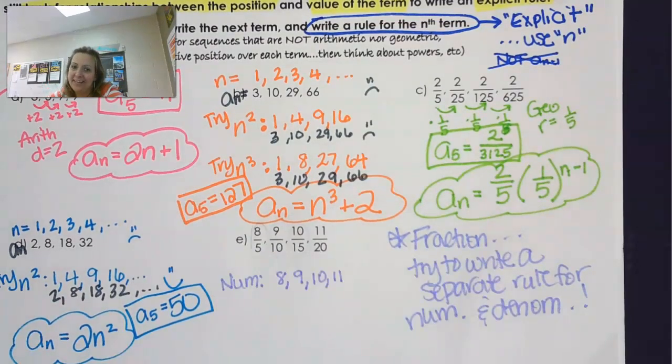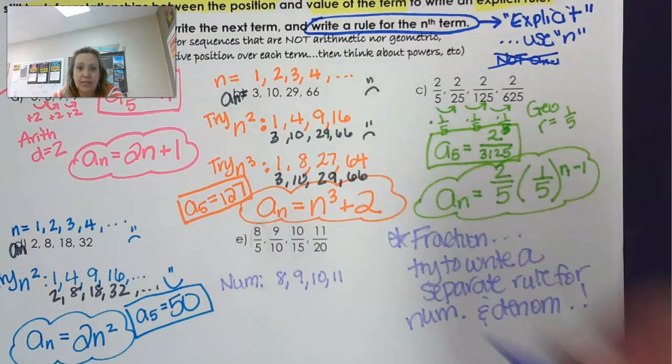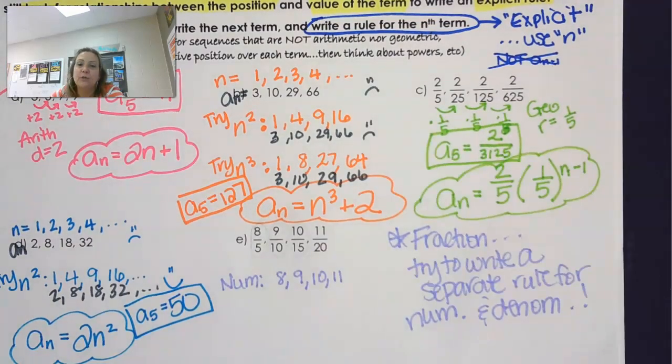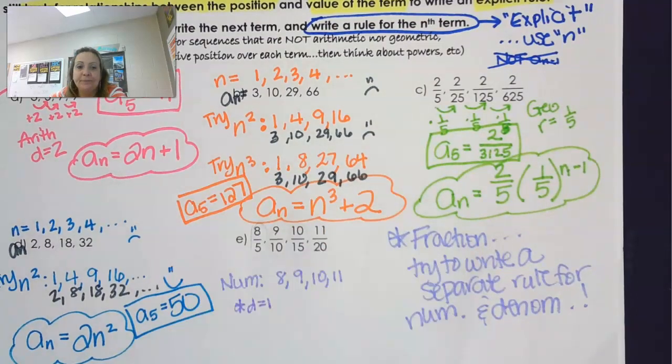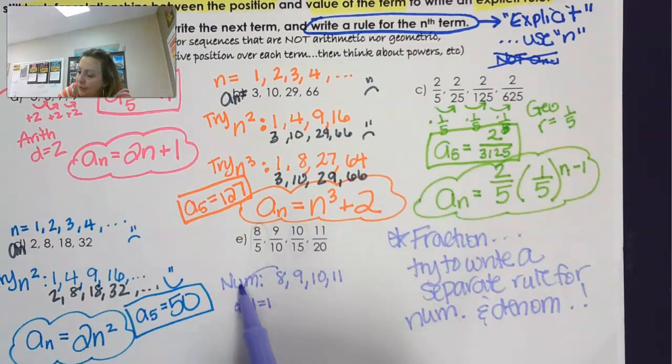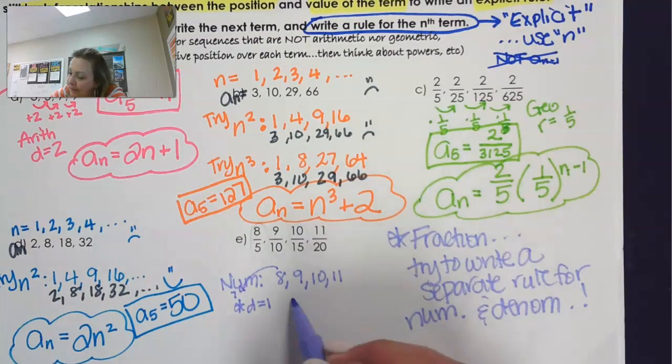That's a pattern, right? What's happening is that we can hopefully see that we're going up by 1 each time. And so since we're going up by 1 each time, that means that it is arithmetic, right? So our numerator, we can see that our common difference is 1. And then if we wanted to write a rule, we would just have to work backwards, and our a sub 0 term would be 7.